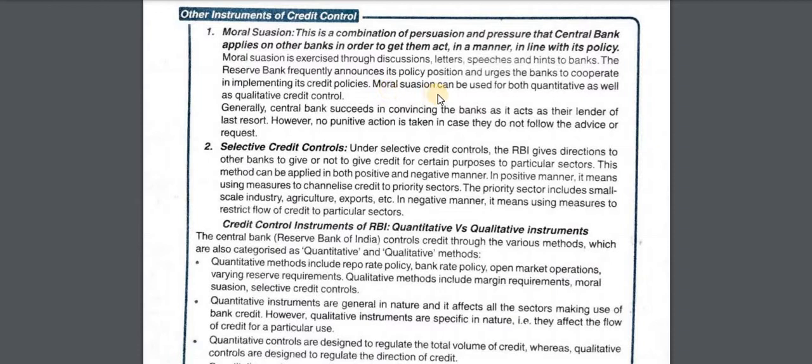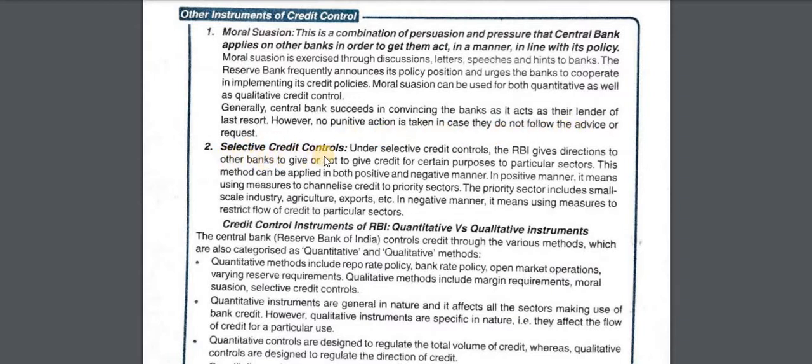Moral suasion can be used for both quantitative as well as qualitative credit control. Generally, the central bank succeeds in convincing the banks as it acts as the lender of last resort. However, no punitive action is taken in case they do not follow the advice or request.